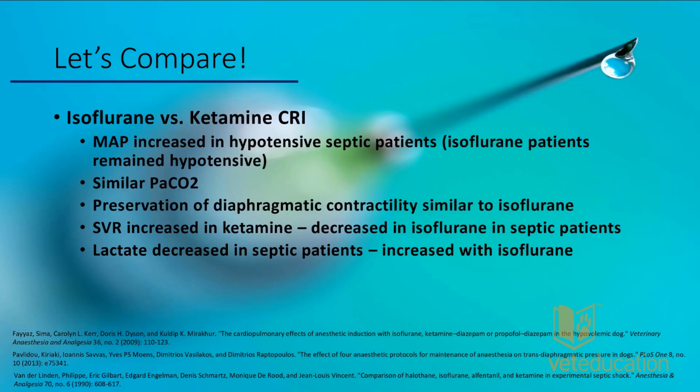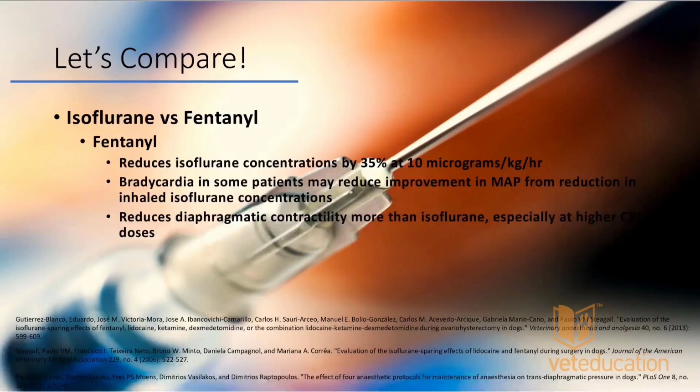So we see here that ketamine has a reasonably good safety profile, at least in terms of maintaining mean arterial blood pressure, in maintaining diaphragmatic contractility, and obviously in reducing the stress-induced potentially increase in blood lactate in septic patients as well.